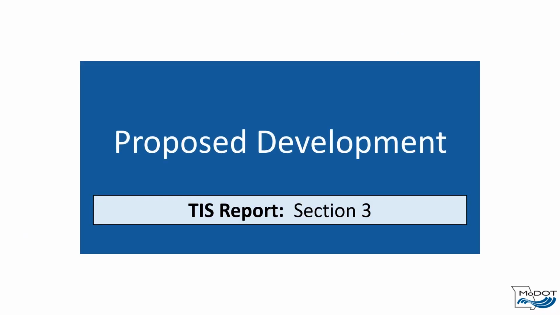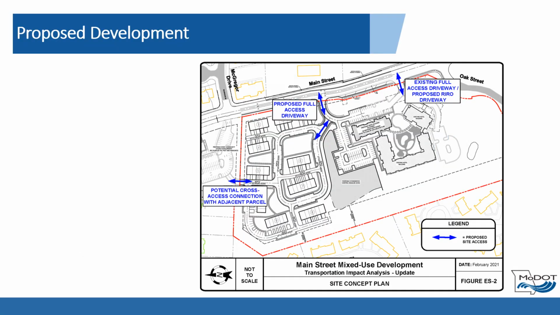TIS Report Section 3 focuses on the proposed development. Section 3 of the TIS report template is titled Proposed Development. It will document the following subsections. Study area.